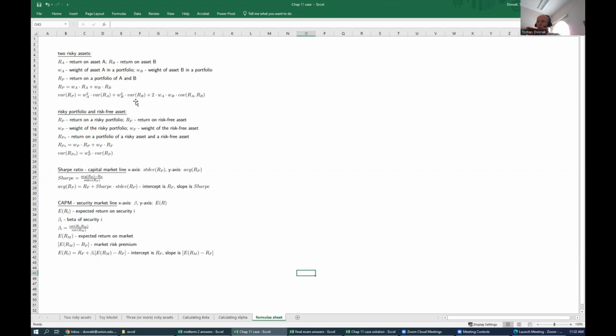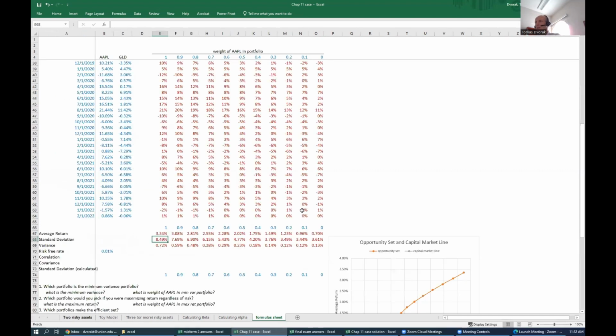So let's apply this formula. Let's see if we get the same numbers. For that, we need the correlation. We need a covariance, but let's calculate both correlation and covariance, because correlation is more easily interpreted.